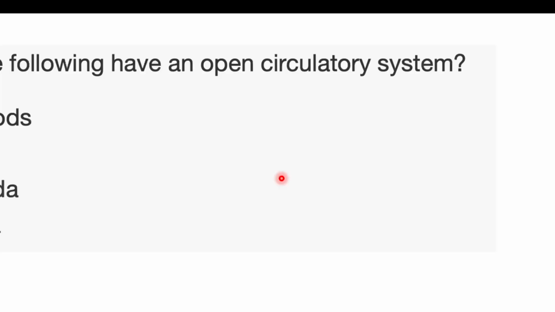Option A, arthropods. Mind the spelling mistake. Option B, porifera. Option C, nematoda. And option D, annelida. These are the four options, and the question is, which of the following have an open circulatory system?